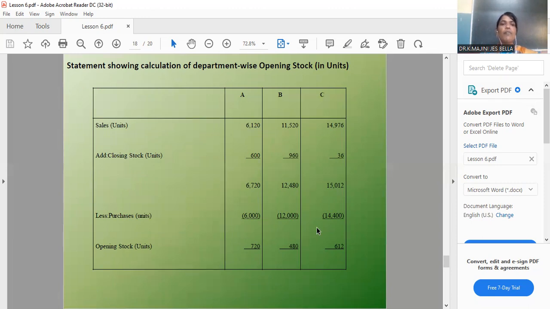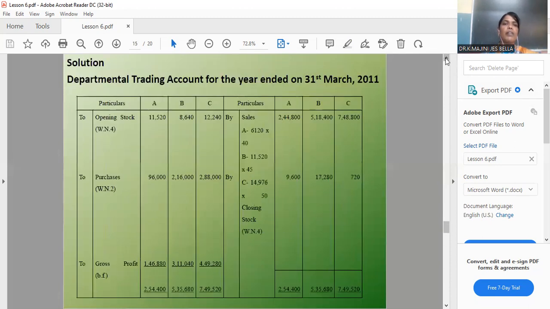For all 3 departments, we should write the sales. First put 4 columns: particulars, Department A, Department B, Department C. Sales in units only they have given, right?